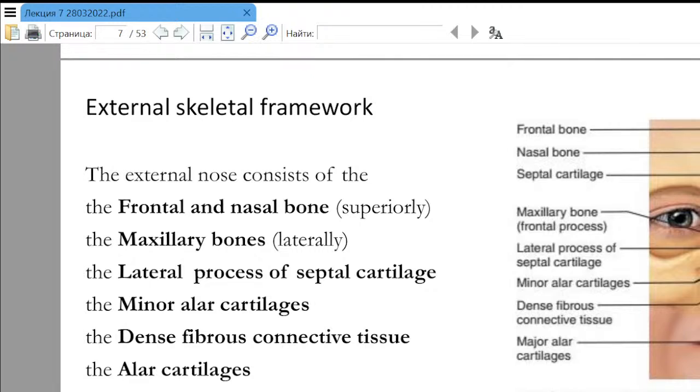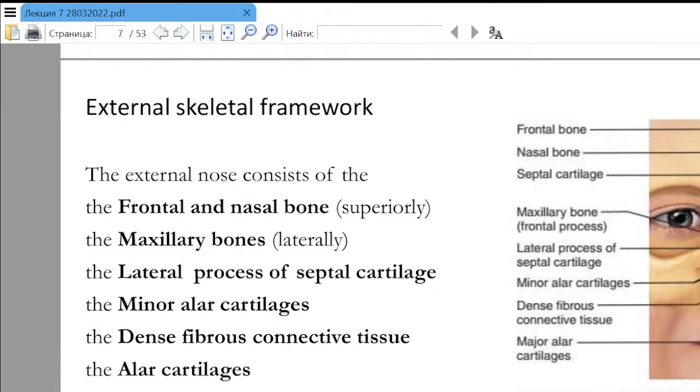Minor alar cartilages. Denser fibrous connective tissue and alar cartilage fixed with the spina nasalis.